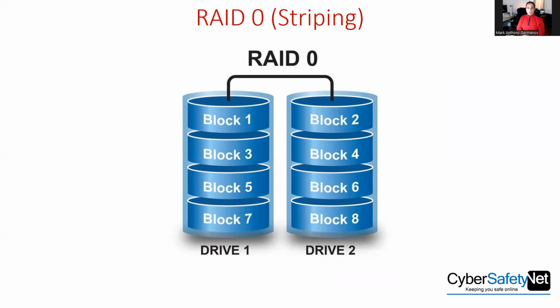RAID 0 is striping, and this occurs when we have two or more physical disks that are put together to appear as one physical disk to the operating system. The benefit is that we combine all the storage. If this has a 1 terabyte capacity and this has a 1 terabyte capacity, and we put them together in RAID 0 striping, then the operating system sees 2 terabyte storage capacity.